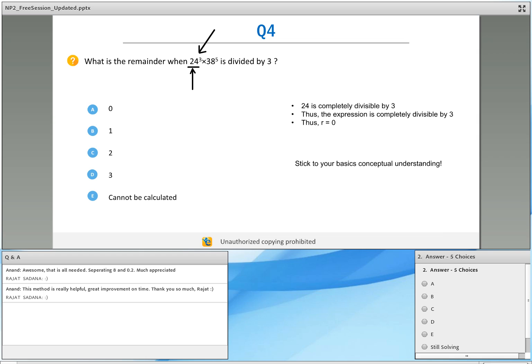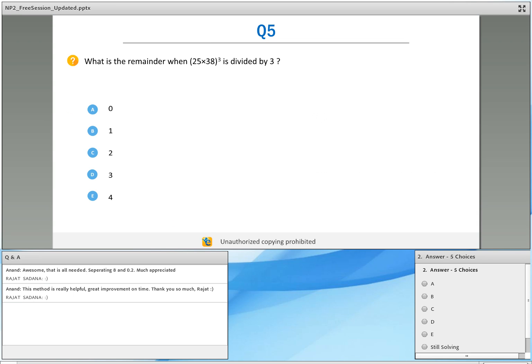The next question is just trying to scare you. As long as you're not scared, you'd be able to solve this. You have the tools to solve that question. So let's do that. Here is my next question.